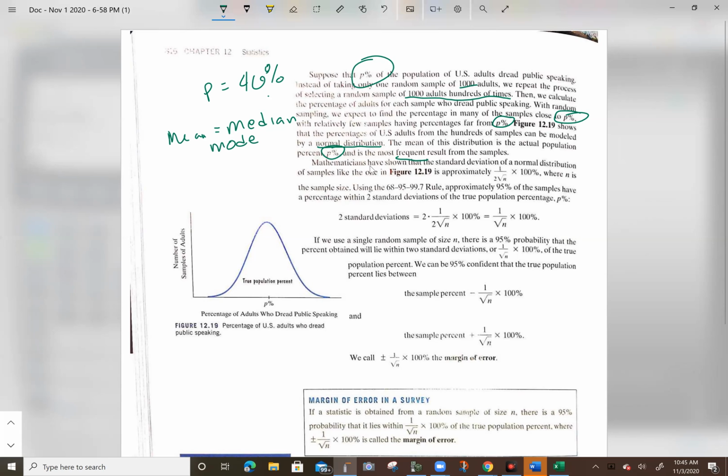Mathematicians have shown that the standard deviation of a normal distribution is approximately 1 divided by 2 times the square root of n, where n is the sample size, times 100%. We're just going to use this rule that we just learned, which says that approximately 95% of the samples have a percentage within 2 standard deviations of that 46%.